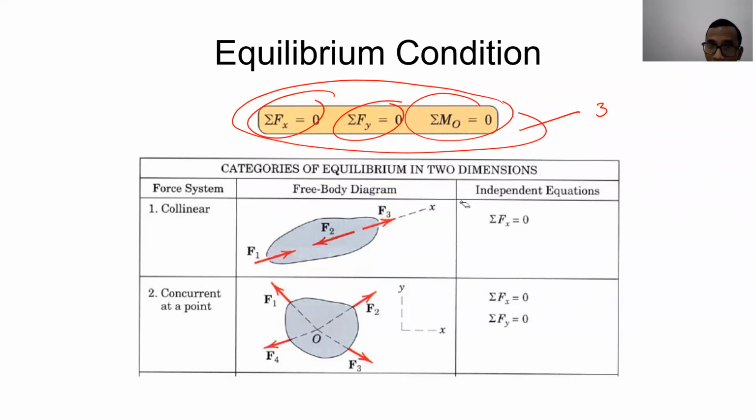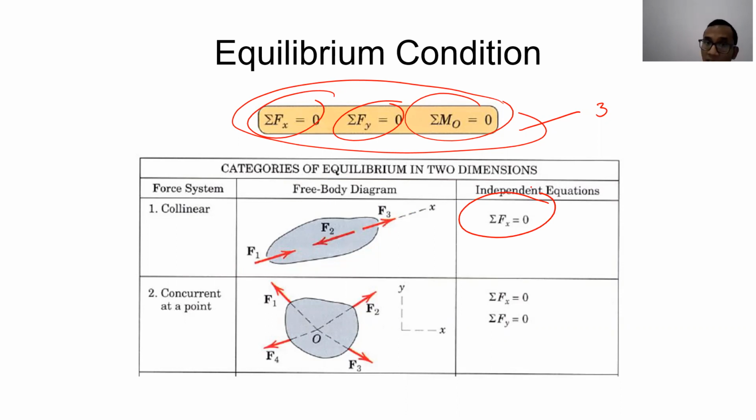Because of that, you can use only one equation. As long as you make that line of action one of the axes, in this case the x-axis, then we can solve it using sigma Fx equal to 0.